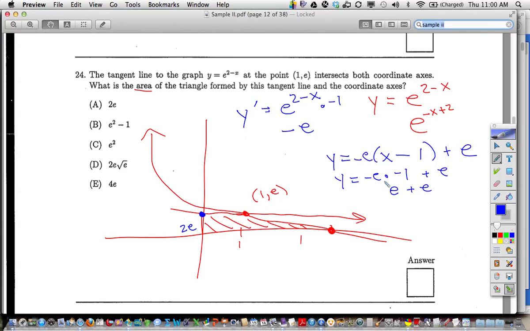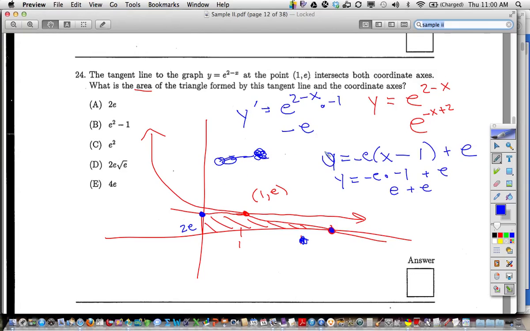And then to get this point, we do what? Put a 0 in for y. So we'd have 0 equals negative e times the quantity x minus 1, plus e. The quicker way to do this would be to subtract. I'm not going to distribute that because that's going to be messier. I would subtract an e.